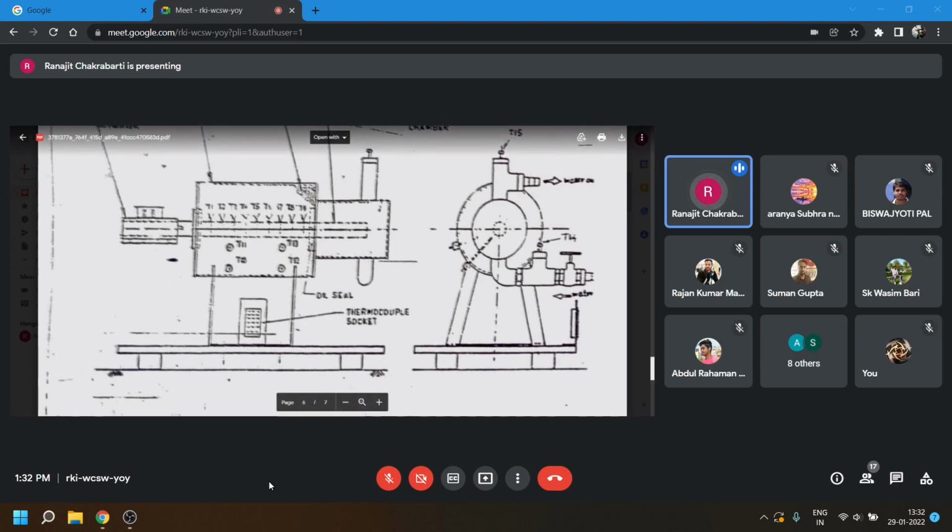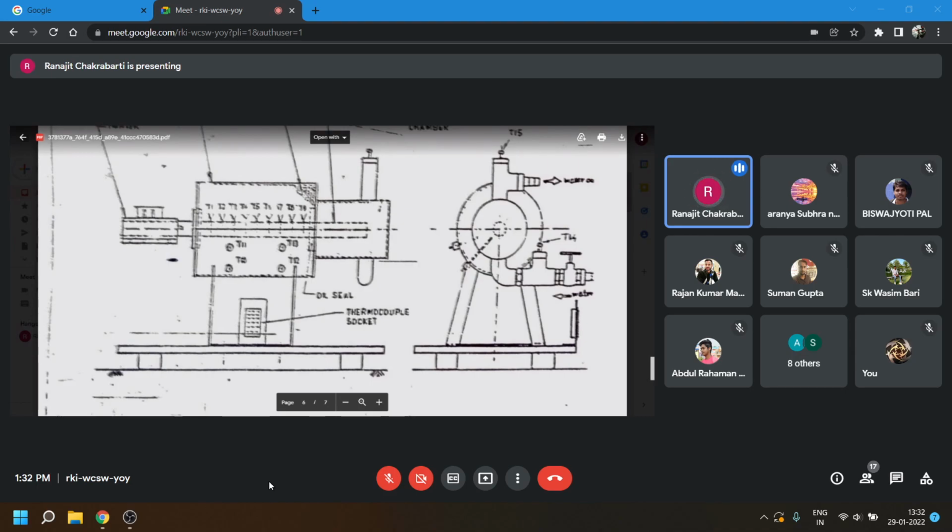We are calling them T14, the temperature of water which is entering, and T15, the temperature which is leaving. They are measured by two thermocouples, which are the wires inserted here. And the wires are going into the control panel where we are taking the reading.